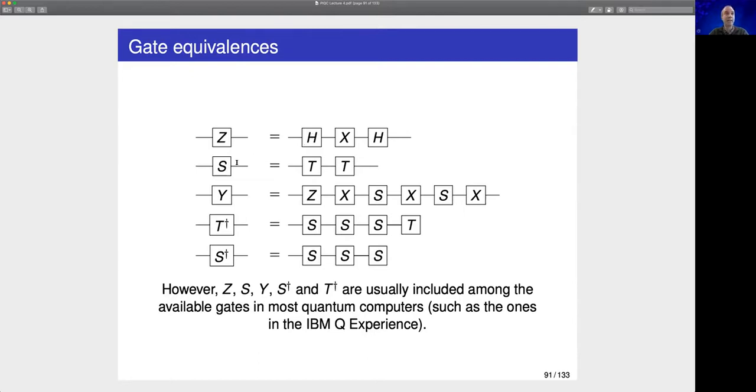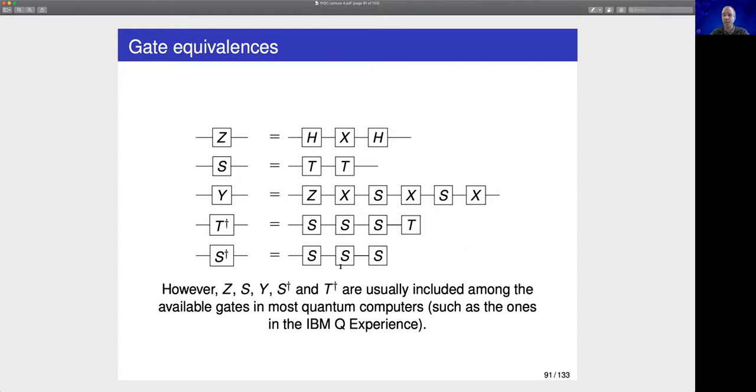Also, the S gate that we studied in the previous lectures, remember that this is a rotation around the Z axis, and it's a rotation of pi over 2. So the T gate is a rotation of pi over 4, so we can do this rotation of pi over 4 two times to obtain the S gate. And similar arguments apply to the other equivalences that we have here.